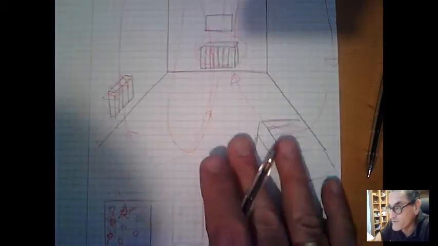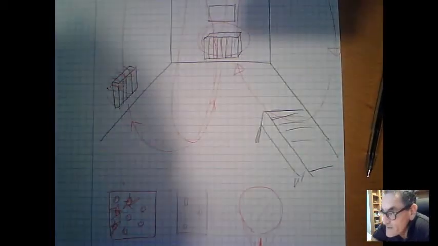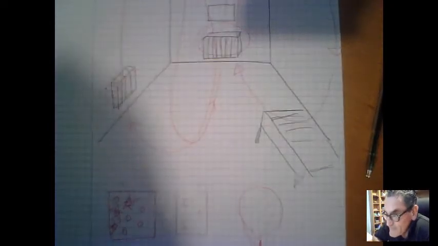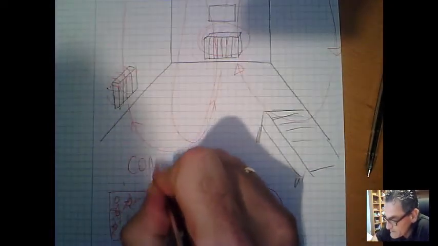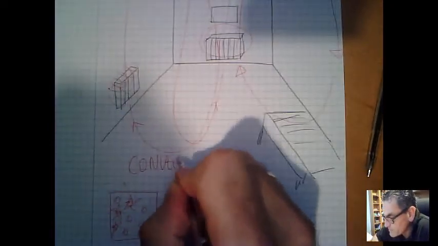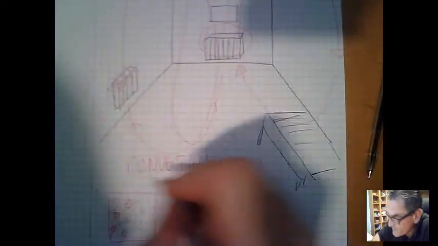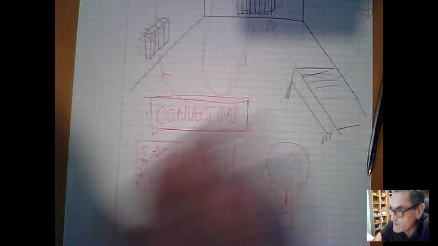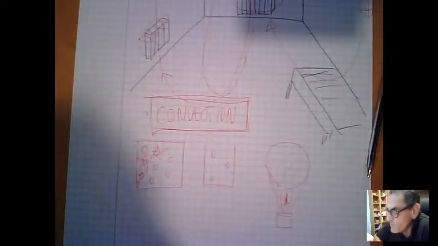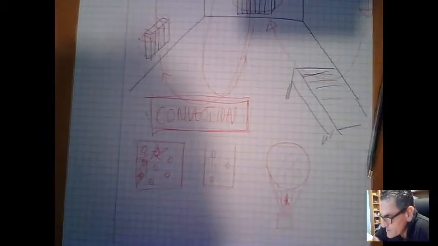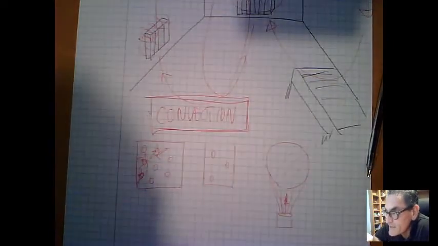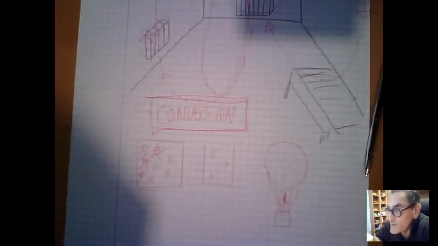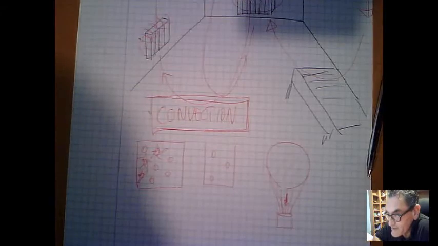So this kind of movement, this way of transmitting heat, it has a name. Do you know the name by any chance? This phenomenon is known as convection. We will talk about other mechanisms in a moment, but this is one mechanism in which heat can be transferred inside a liquid or a gas.